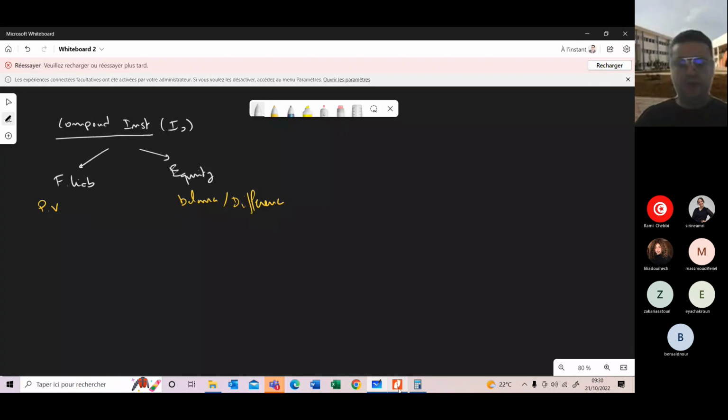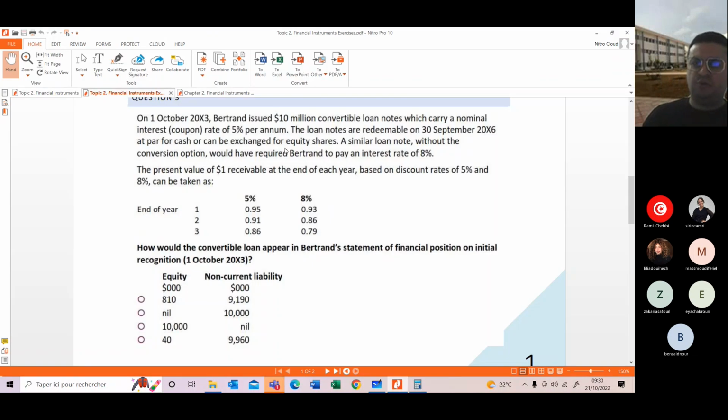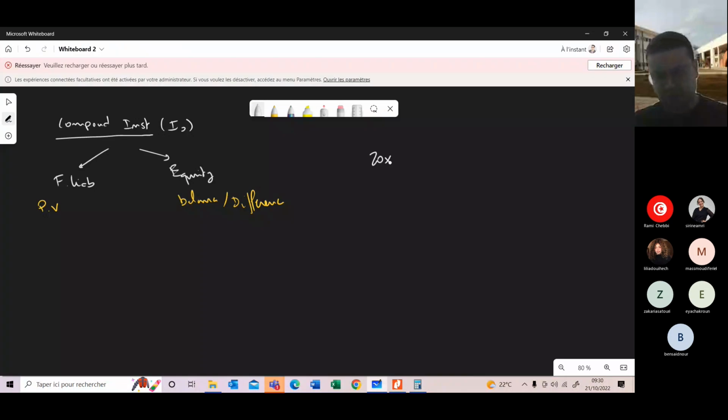We have to compute that from October 1st 20x3. The redemption is expected to be on the 30th of September 2026, so we're going to count 20x4, 20x5, and 20x6.